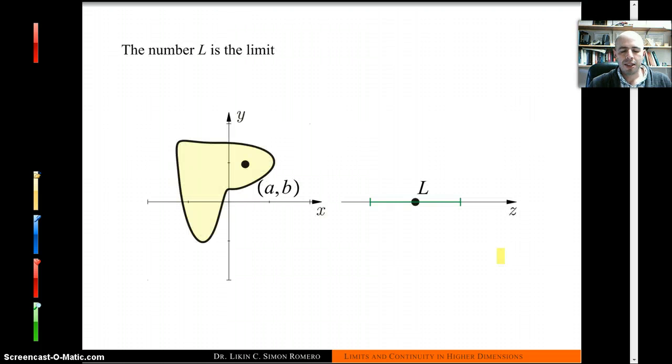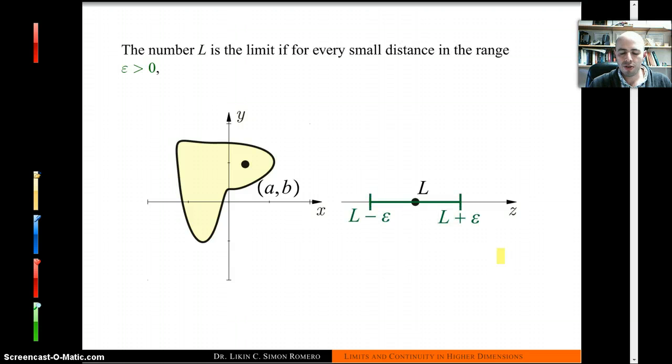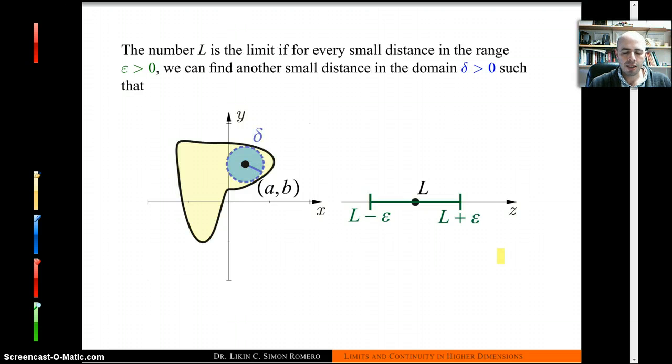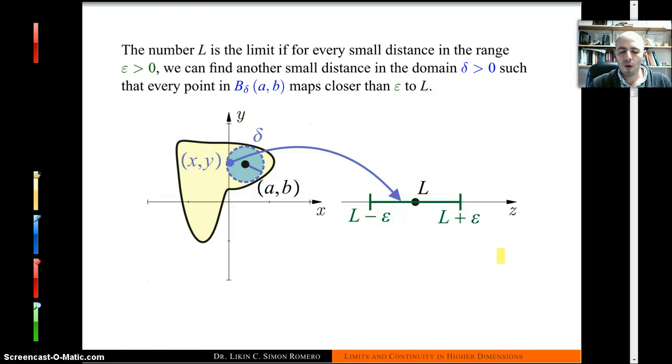Geometrically, it says that the number L is the limit of a function if this happens: for every small distance that you give me in the range, I can find a distance in the domain such that all the points that are distance less than delta from (a, b) go distance less than epsilon to L. So that means that I can make the values of the function as close as I want to L by just taking a sufficiently small ball around (a, b), and all the points in that ball will map to something closer than epsilon to L. So that's the formal definition of limit, but I'm going to move on.